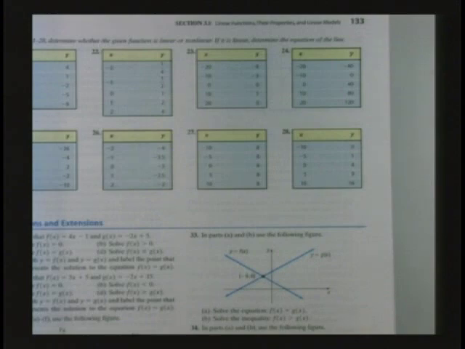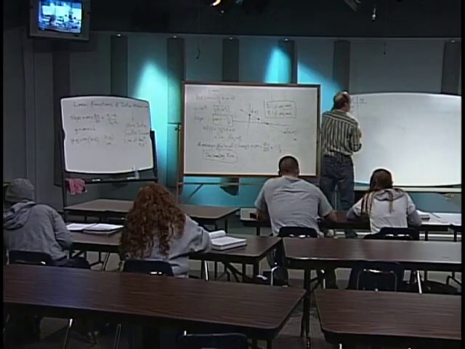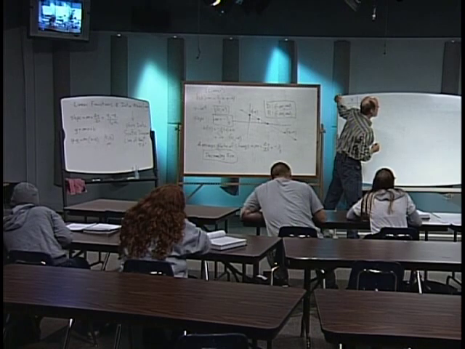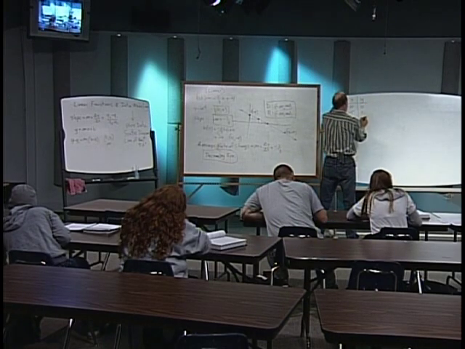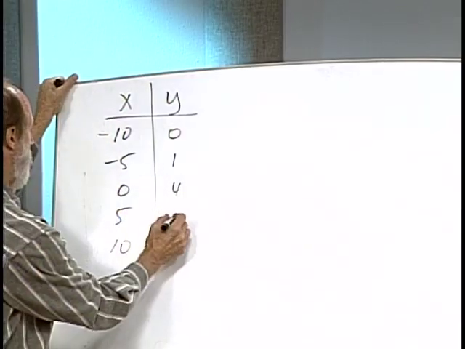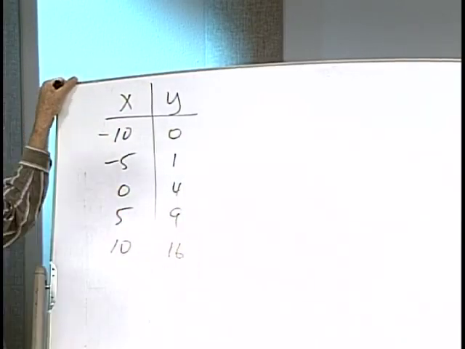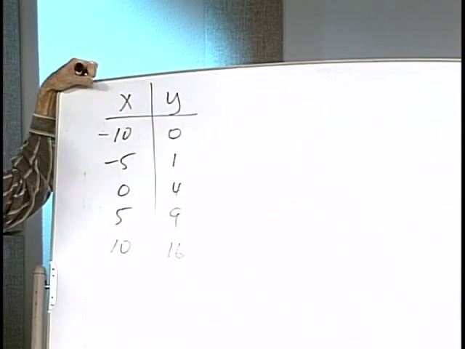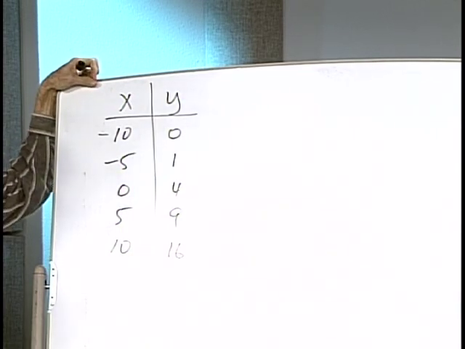So we have a collection of data. -10, -5, 0, 5, and 10 on the x, and the y data associated with those points is 0, 1, 4, 9, and 16. Okay, so here's the data.